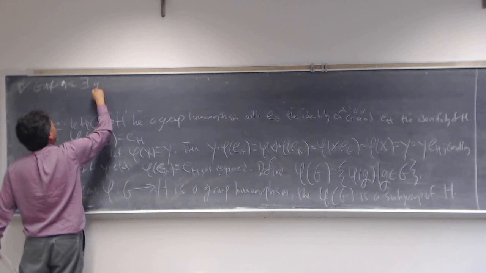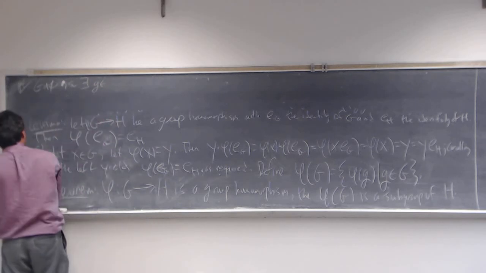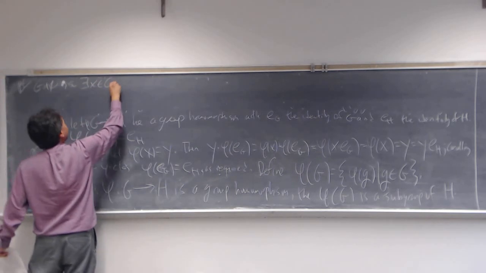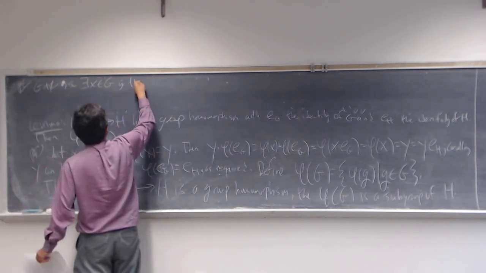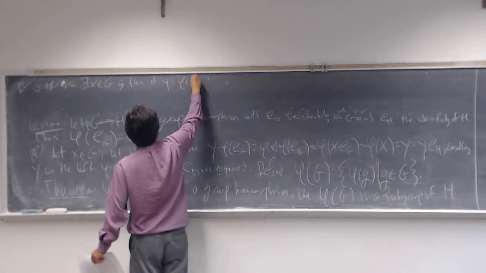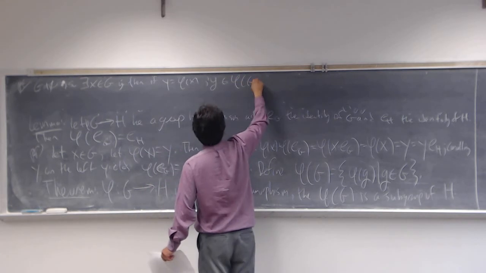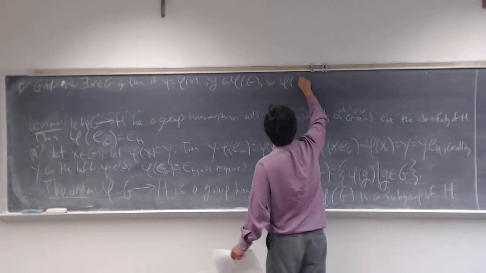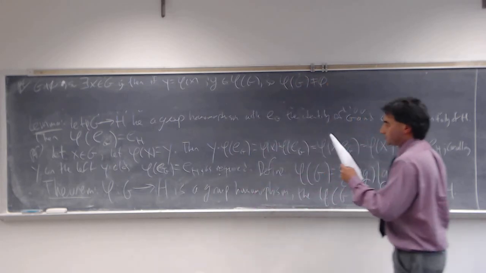So there's some element x in G. Then if y equals phi of x, y is in the range, so the range is not the empty set.